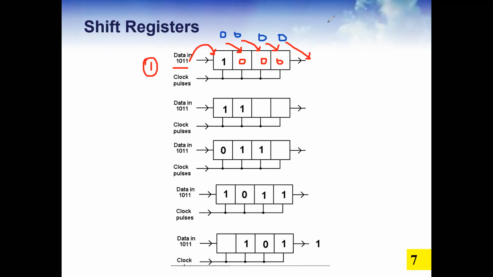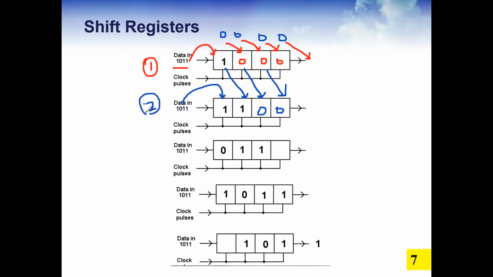Now after the next clock, what will happen? The value which is here is going to shift to the next, and the next input is going to enter here, and this 0 will move here, this 0 will move here. They are shifting, right? So 0 and 0. This is the status of the shift register after 2 clocks.